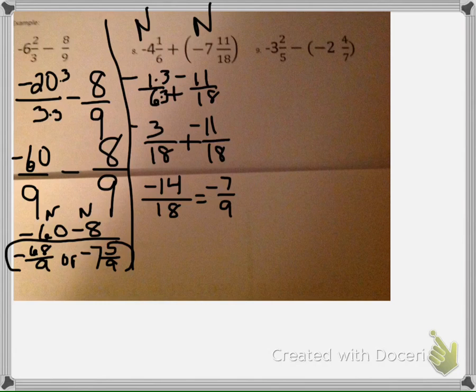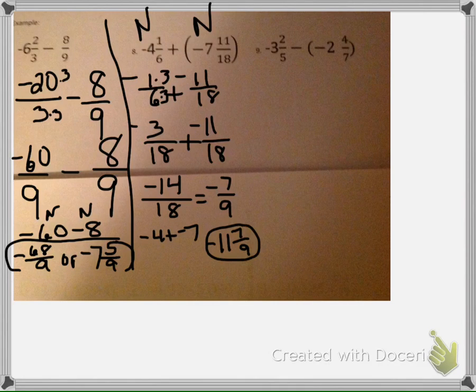Now here's why I don't like you doing this, because I'm afraid you're going to forget your whole number. And if this fraction here was bigger than a whole, then you would have to add that into your whole number. Okay, so now I'm going to add negative 4 plus negative 7, which would give me a negative 11. And that would be a negative 11 and 7/9.